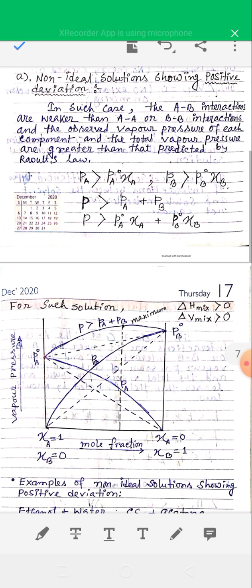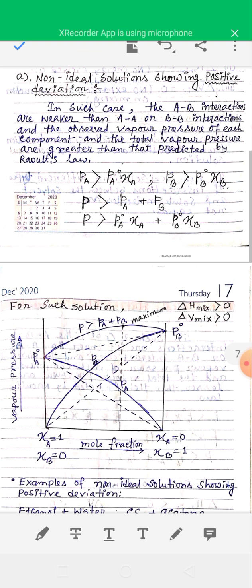In non-ideal solutions showing positive deviation, the AB, that is solvent-solute interaction, is weaker than solvent-solvent or solute-solute interaction.